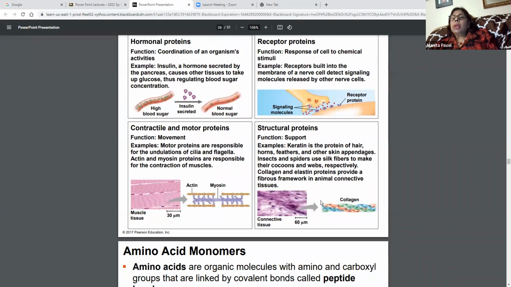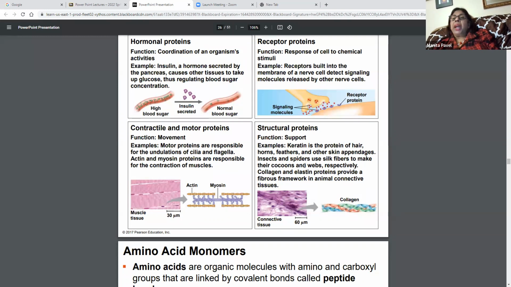Structural proteins, classic example. So structural proteins give structure to our cell. Why is my hair very thick? Is because of keratin protein. So keratin protein builds up our hair, our nails, the feathers in the birds, the hoofs in animals, the nails in birds, the beaks in birds.